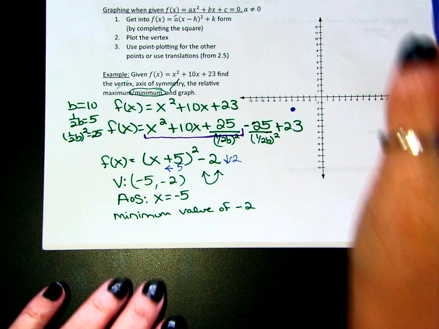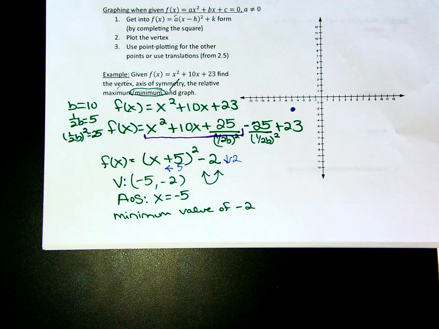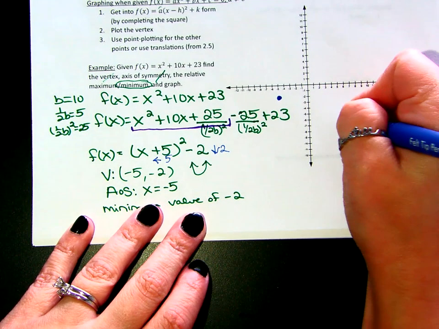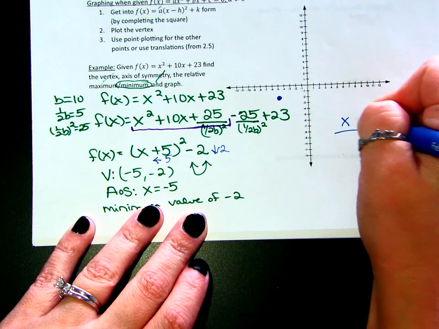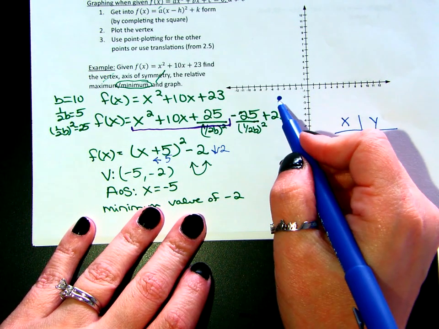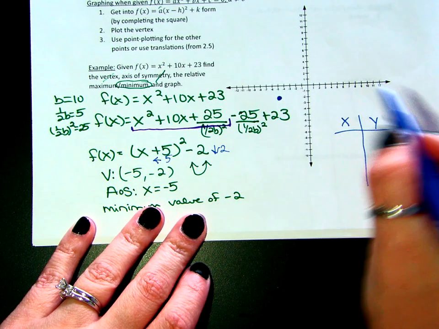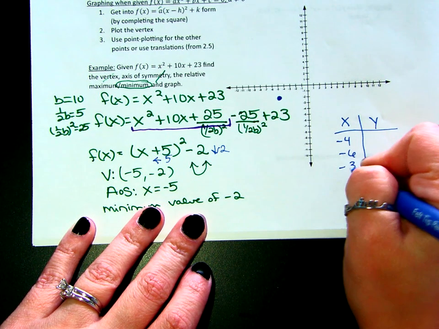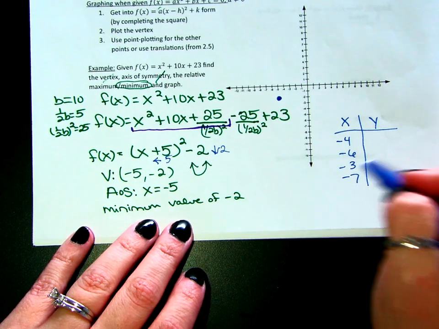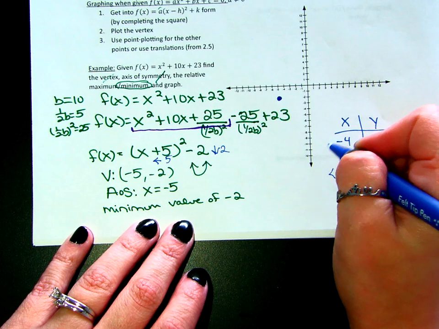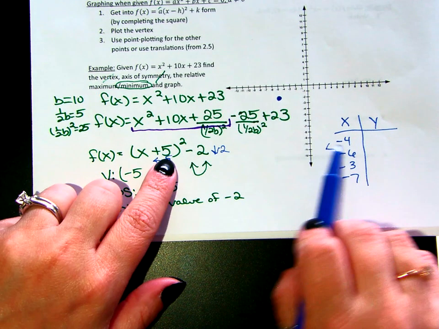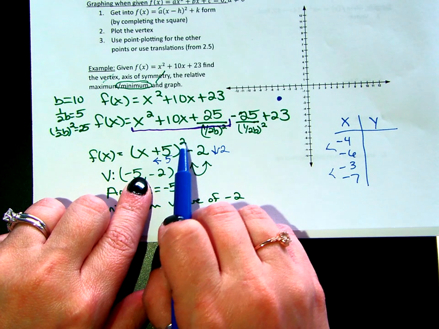If we needed to get a little bit more technical with this, we could find some other values. Because once I've plotted this, I'm at -5, -2. So what happens when x is -4 or -6 or -3 or -7? Because since it's a parabola, these two values and these two values should be the same. So if I put -4 into this, I'm taking 1 squared, which is 1, minus 2.